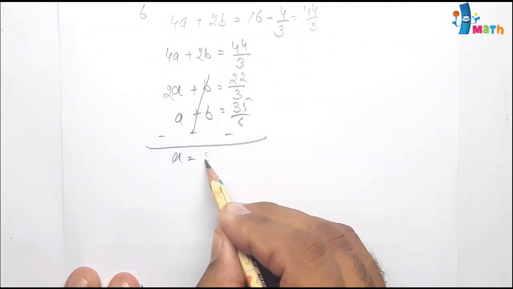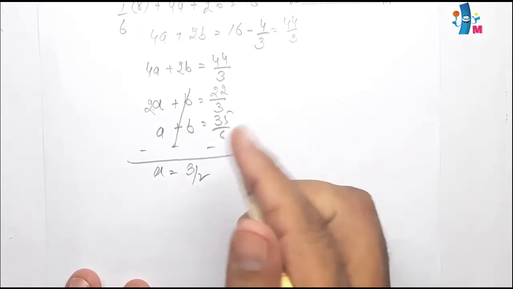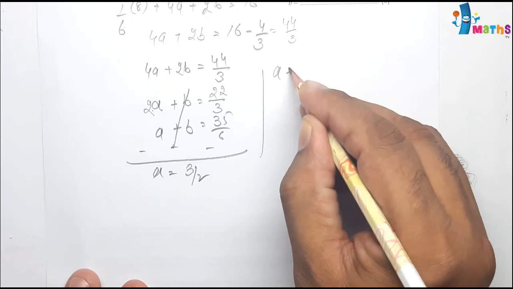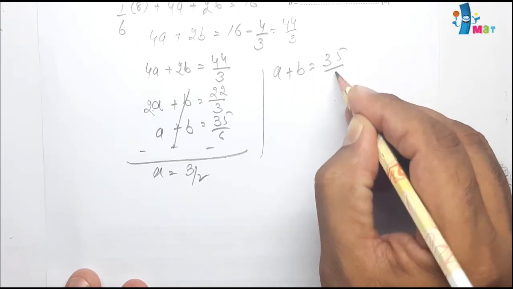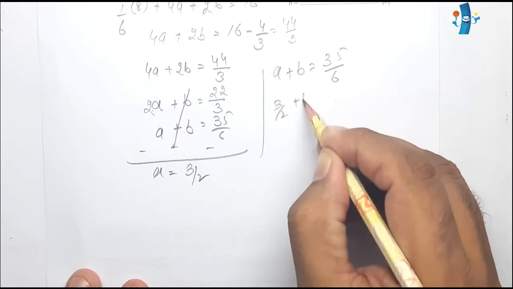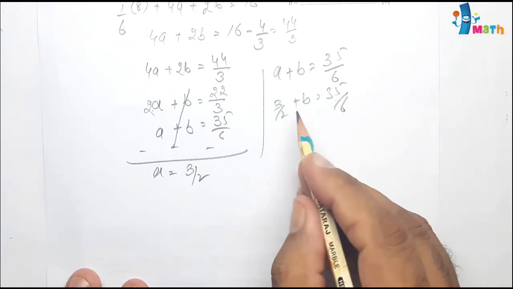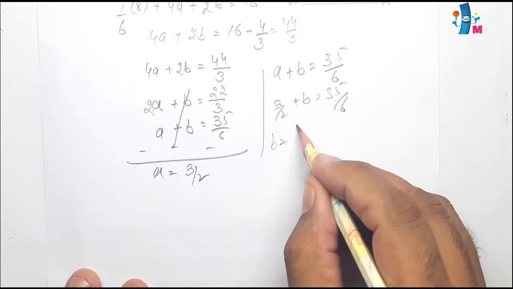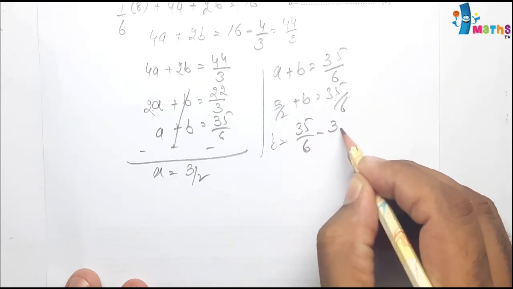So the a value will be 3 by 2. This value we can replace in either of these two equations. We know a plus b is equal to 35 over 6. So we can replace a is equal to 3 by 2, plus b is equal to 35 by 6. We can shift this to the other side. b is equal to 35 by 6 minus 3 by 2.